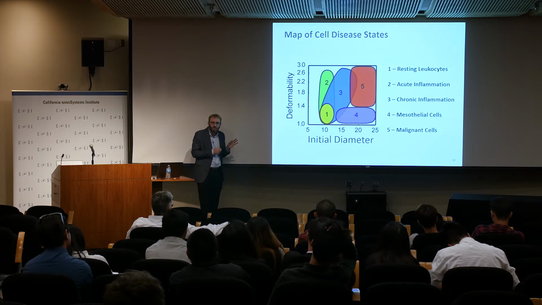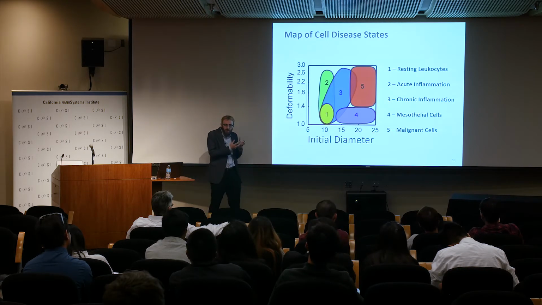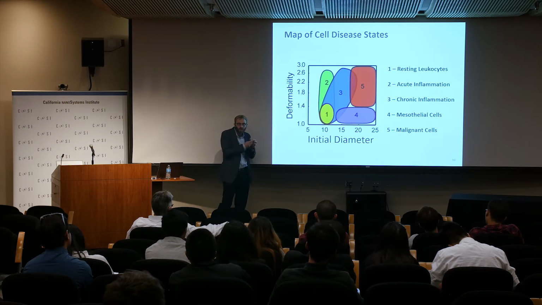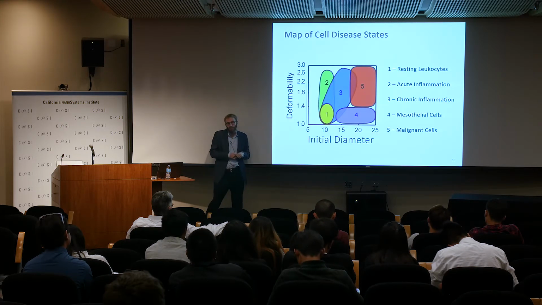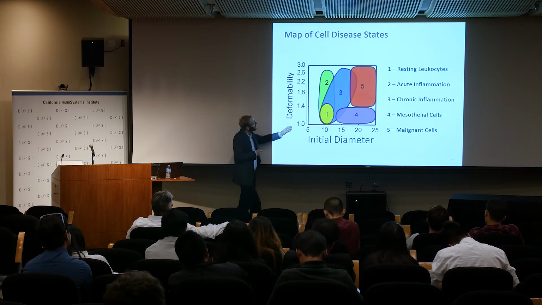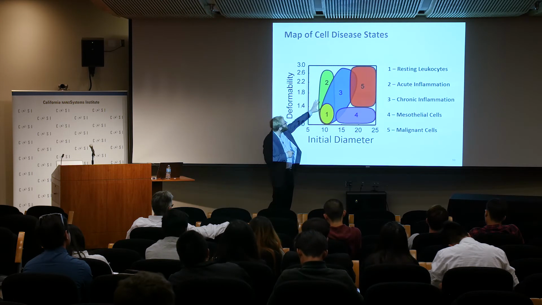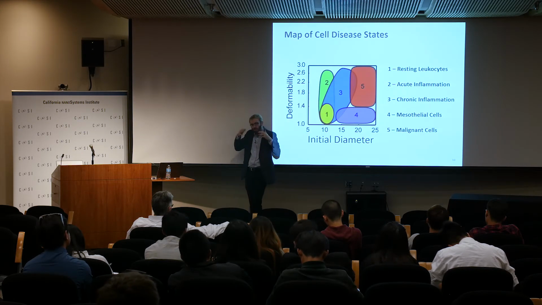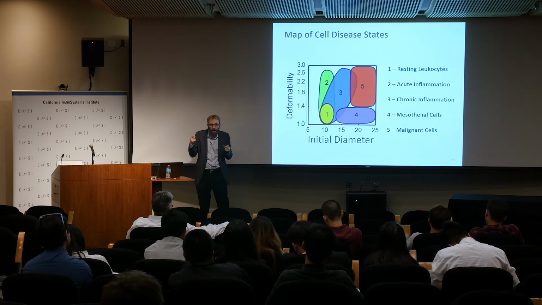And in some states where there were a lot of activated neutrophils, which are involved in the first response to bacteria or another pathogen invading you, they looked different, more deformable but without much change in size.